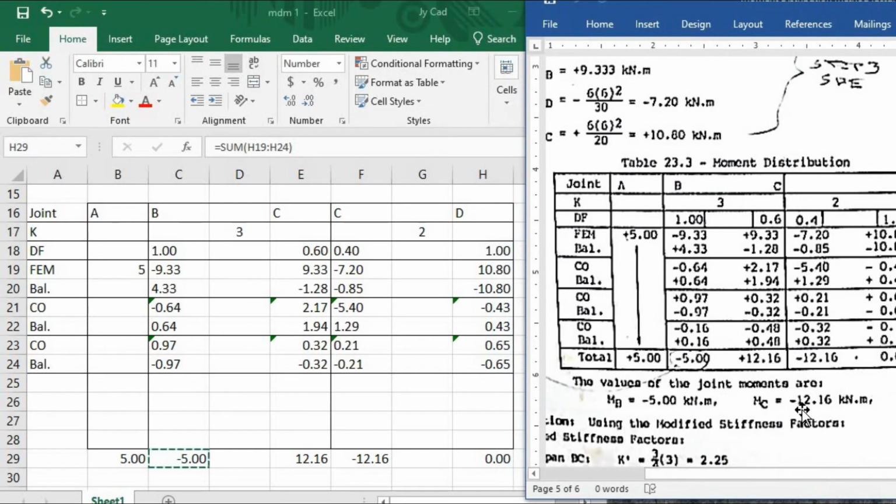Now, with regards dun sa sign, okay, ang kinuha niya, ito, moment B, negative 5, negative 12.6, at saka 0. Okay, guys, that's for problem 23.2.